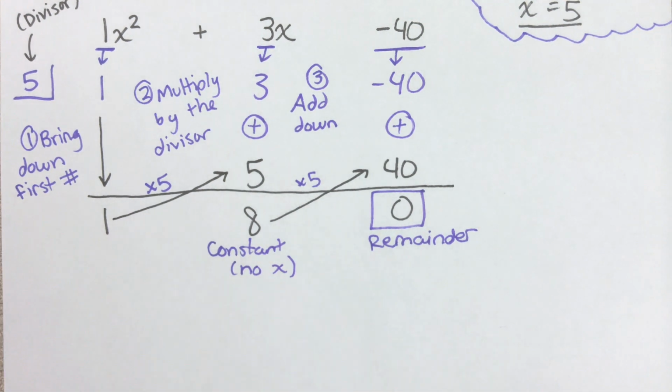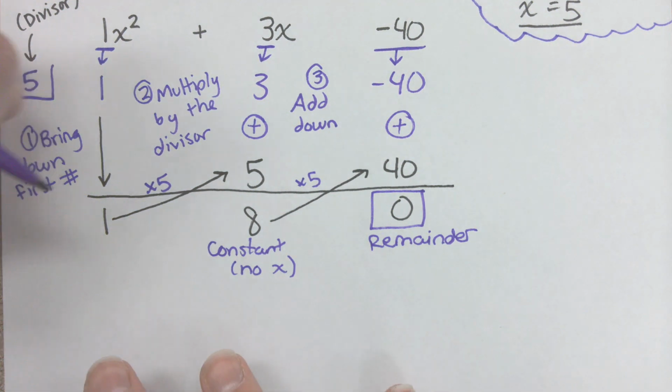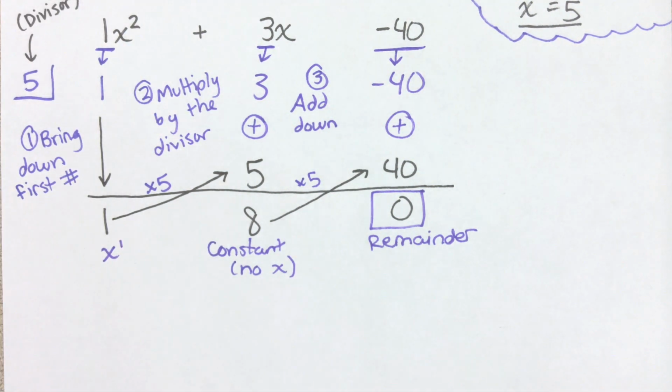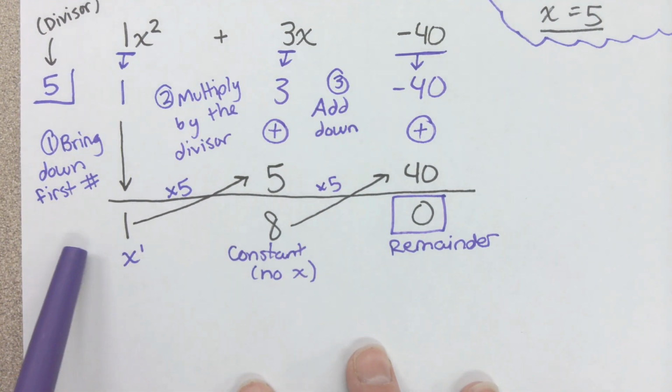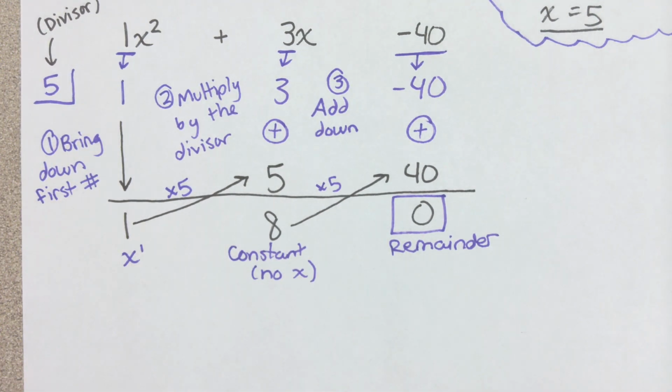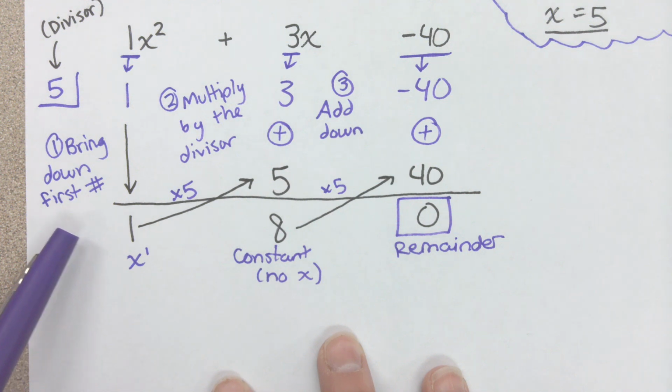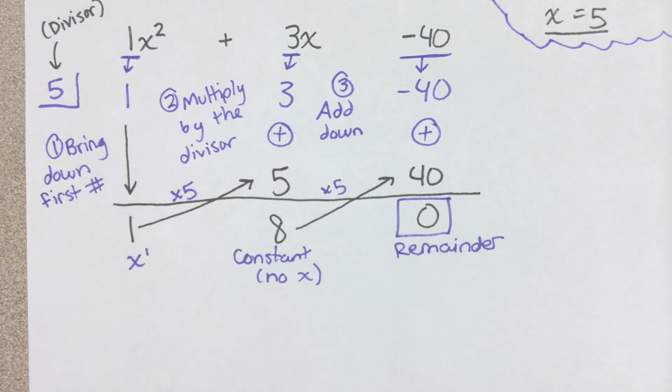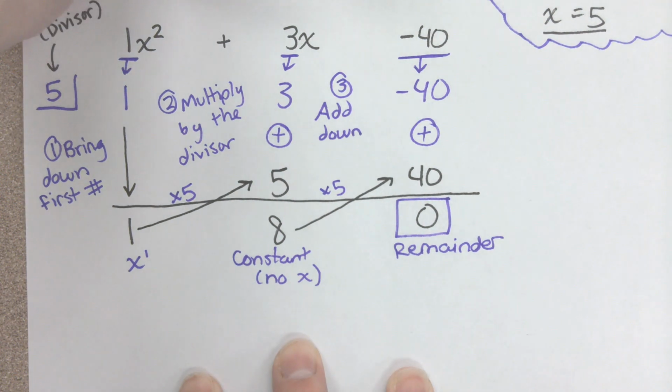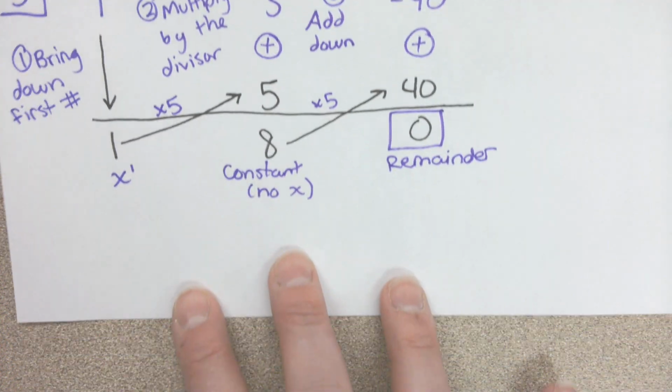The next term, the next place, is just x, or x to the first, however you see that. If I had more numbers, I would keep going with the exponents. So the next one would be x squared, x cubed, x to the fourth, and it would just keep going up from there. But this is all that I have, so I'll stop there.